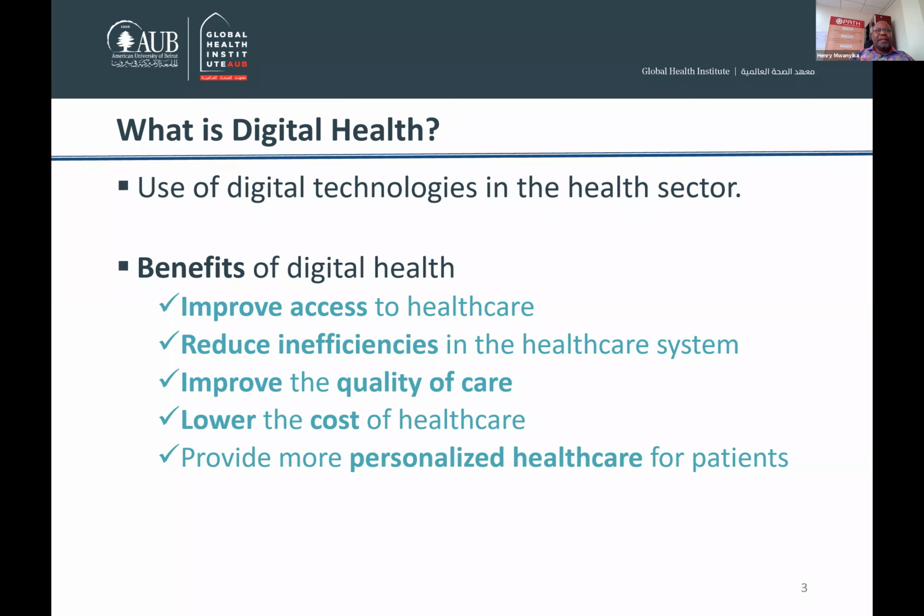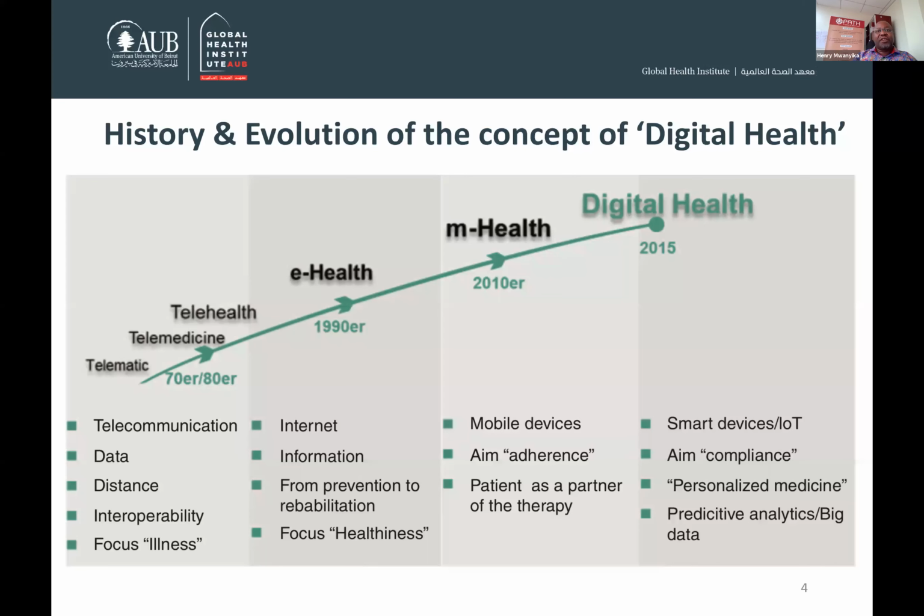In the 1990s, when we started seeing the introduction of the internet, the concept of e-health came up. It was all about improving record keeping of patient records. And now we started seeing a focus on healthiness and also prevention to rehabilitation.